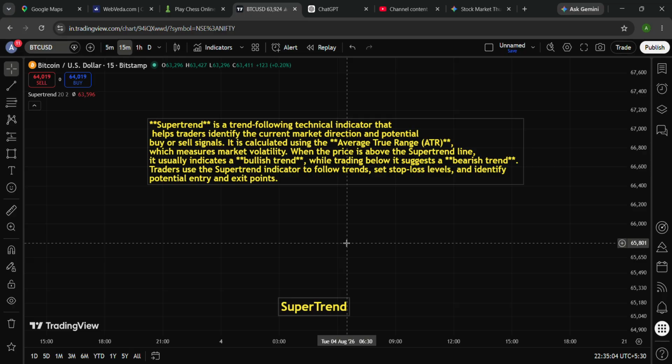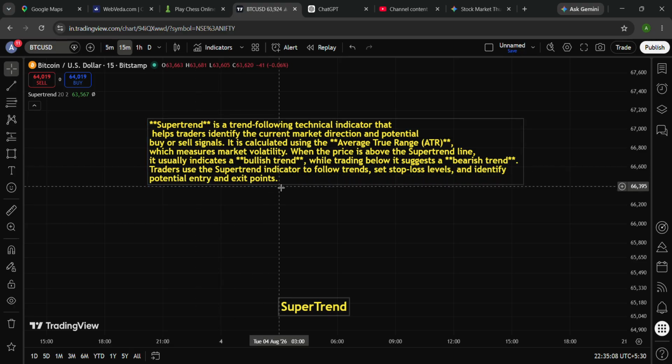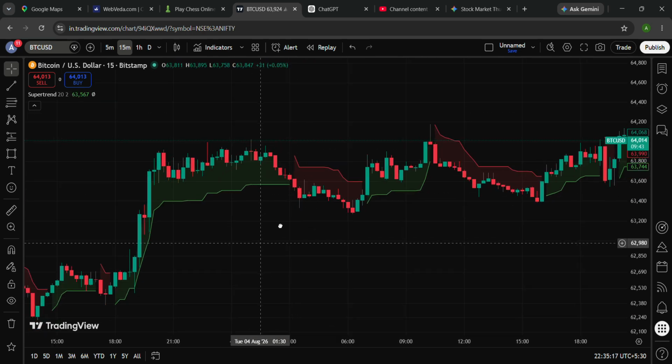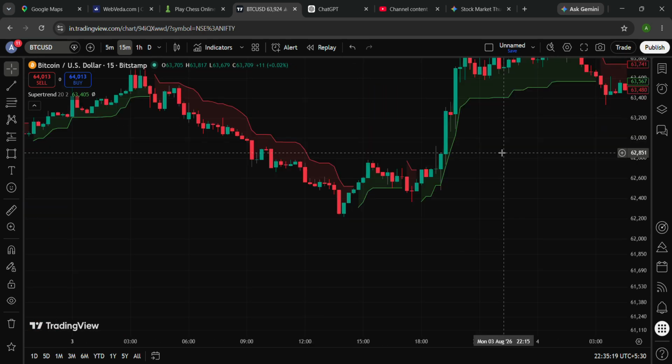Right, so a bullish trend, while trading below it suggests a bearish trend. Traders use the super trend indicator to follow trends, set stop loss levels, and identify potential entry and exit points.